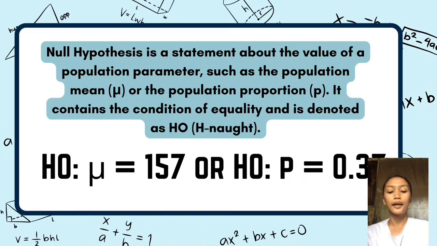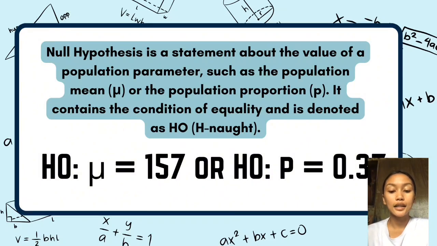Now, let us move on to the components of a hypothesis test. First, the null and alternative hypotheses. Let's begin with the null hypothesis. The null hypothesis is a statement about the value of a population parameter, such as the population mean or the population proportion.